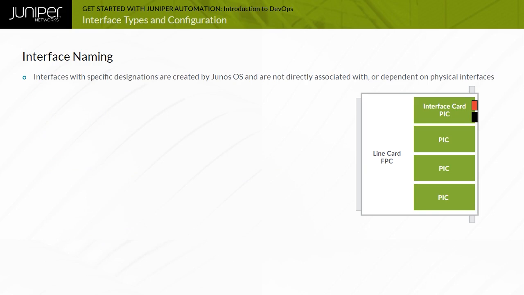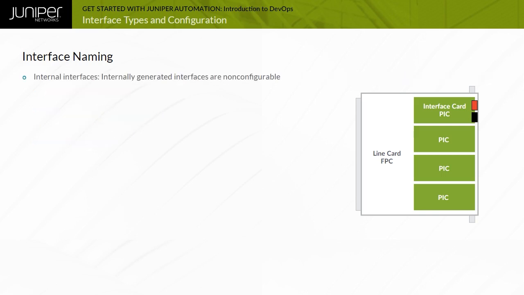Interfaces with specific designations are created by Junos OS and are not directly associated with or dependent on physical interfaces. Some examples are LO0, Loopback Interface; AE, Aggregated Ethernet Interface; AS, Aggregated SONET Interface; and VLAN, VLAN Interface.